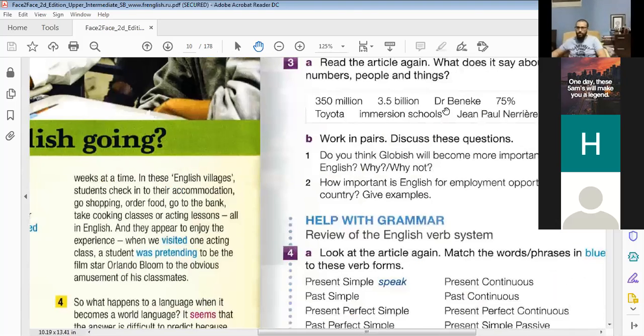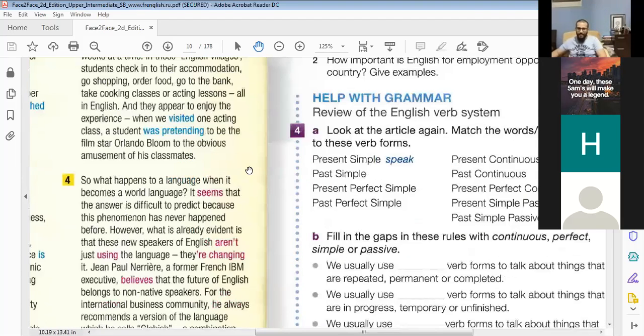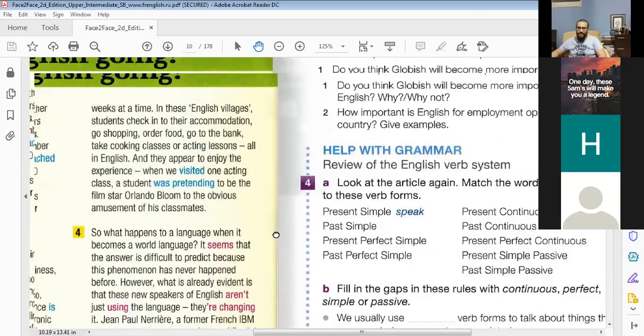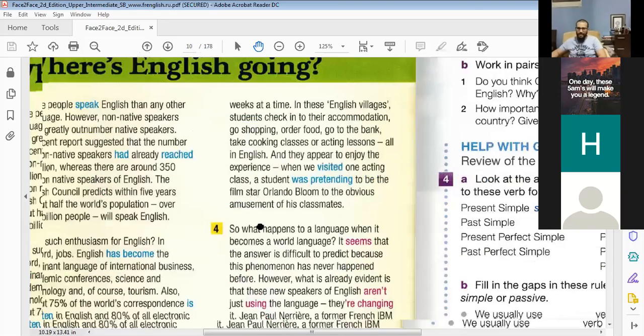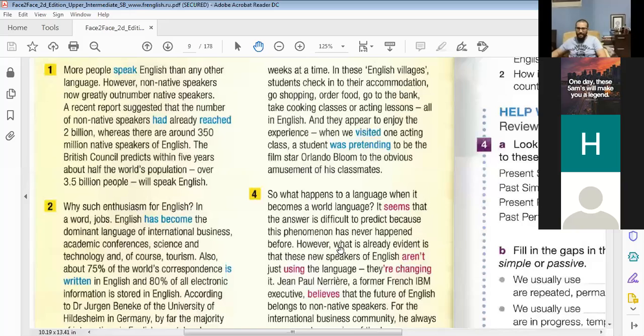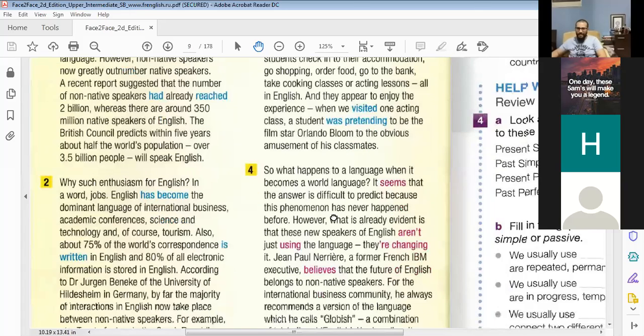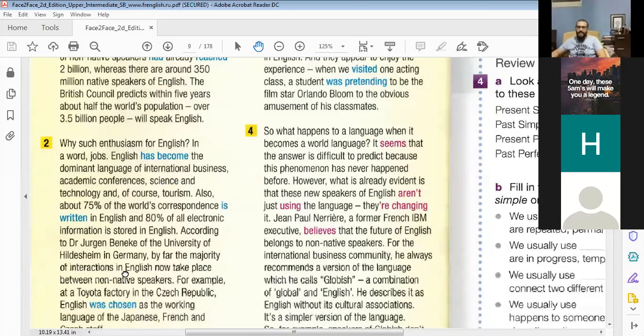What about Dr. Beneke here? Who's this guy? Who's this person? The Globish thing. Is he the Globish person? No, that's not him. No, this is another person, I think. I think the one who talked about Tokyo, Toyota, and companies. Yeah, correct.